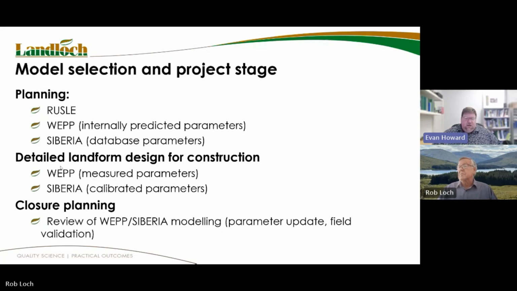So that detailed design is also needed at that point. Yeah, and then when finally we think about closure planning, there might be some review of WEP or Siberia modelling where you might look at parameter updates and maybe field validation of parameters if it's felt to be necessary. So the model that's appropriate obviously changes through the life of the project.